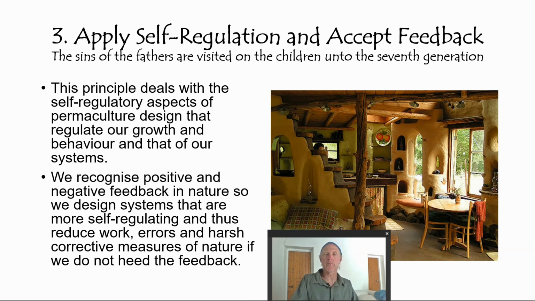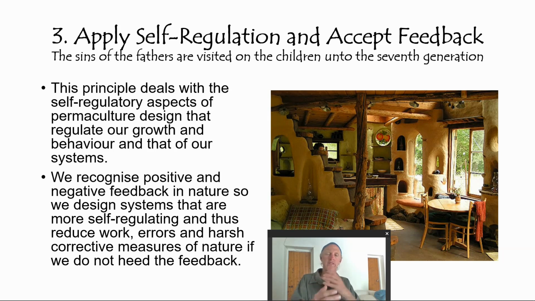And so this principle deals with the self-regulatory aspects of permaculture design. Okay, what it's saying is that we need to design systems that are self-regulating. All right, but in order to do that, we've got to understand what the potentials of our growth are and what the limitations of our growth are.